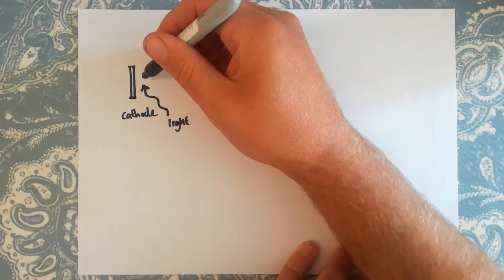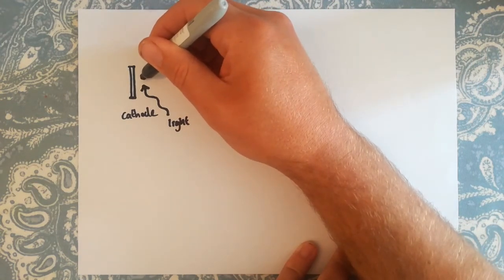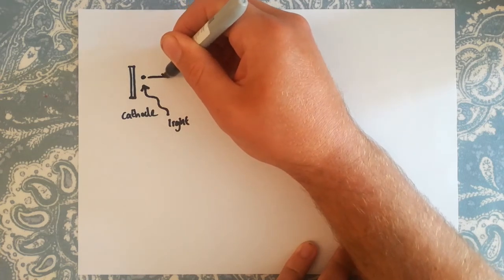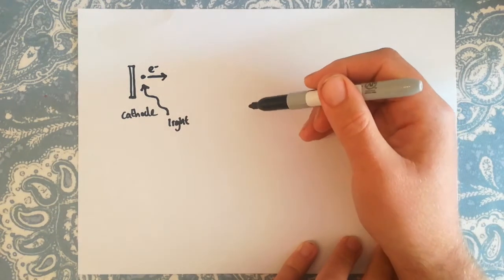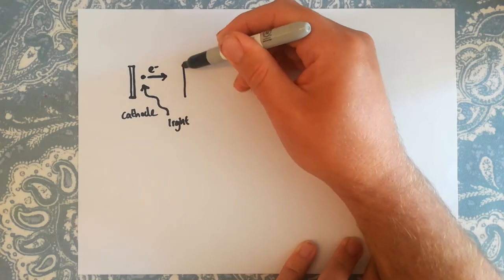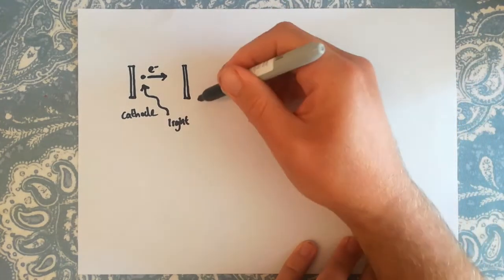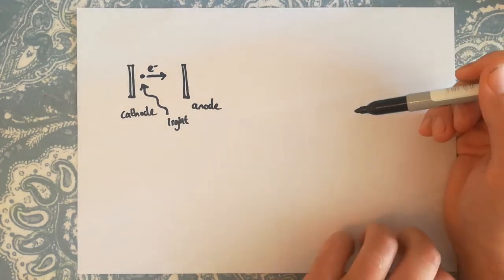So if we shine light on a metal, under certain circumstances we're going to see the electrons emitted. That's what the photoelectric effect is. So over here we want something that's going to collect the electrons, and something that absorbs electrons we call an anode.